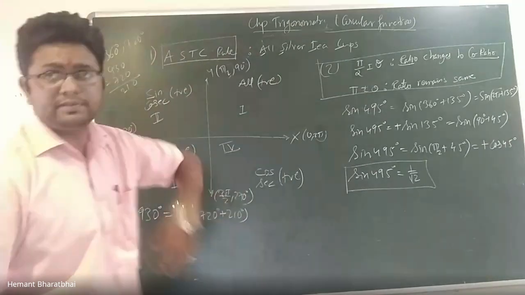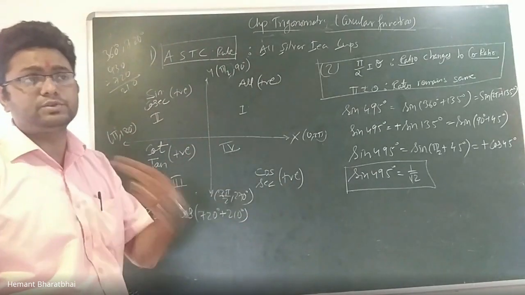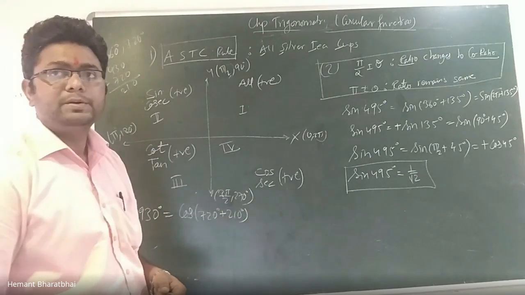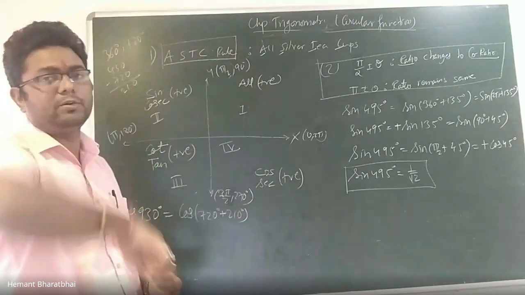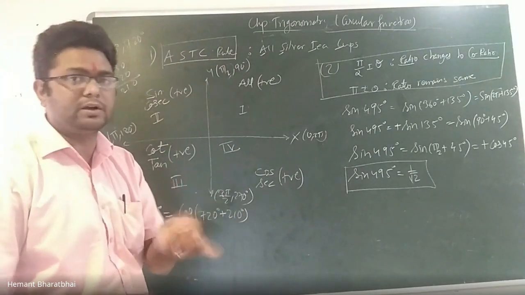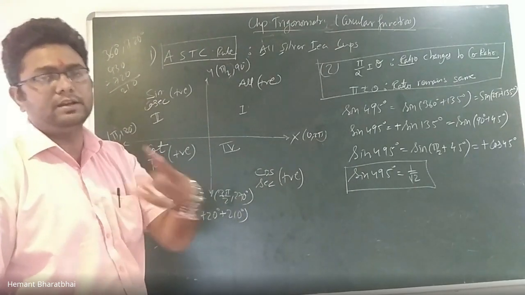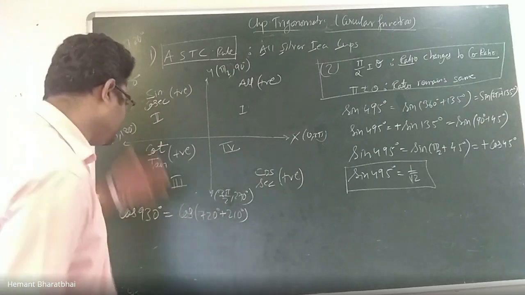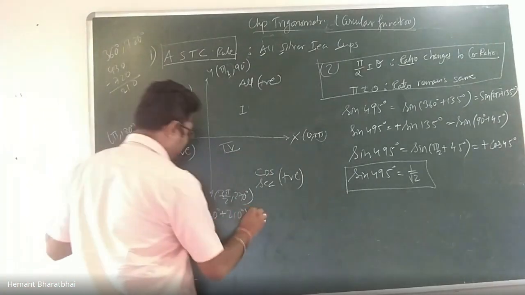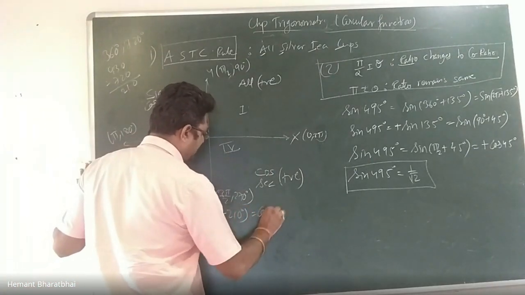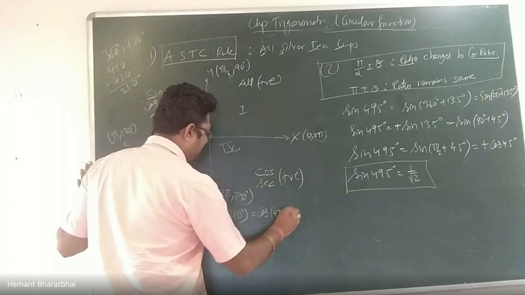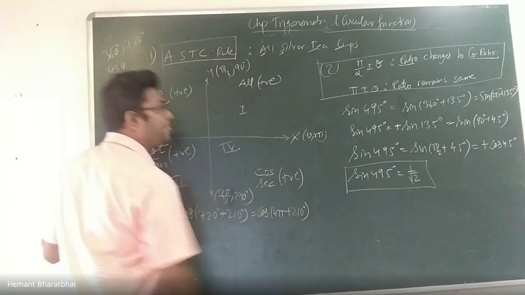One rotation means 360 degree, 360 degree means 2 pi. So 720 degree means again one more rotation. One rotation is 2 pi, so two rotations is 4 pi, three rotations is 6 pi, and so on. Hence this 720 degree can be written as 4 pi plus 210 degree.